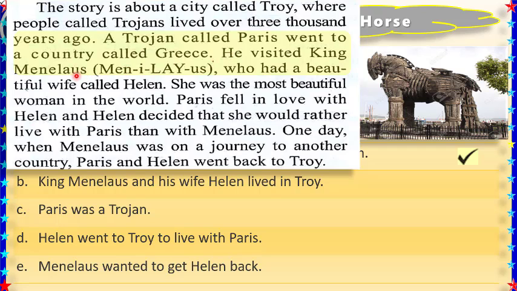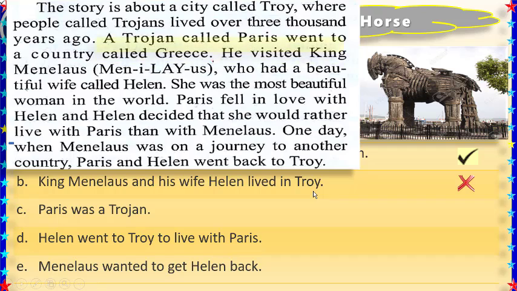King Menelaus is living in Greece, not in Troy. Is that okay? This means statement B, King Menelaus and his wife Helen lived in Troy, is wrong. Paris came from Troy. We shall put a cross here.